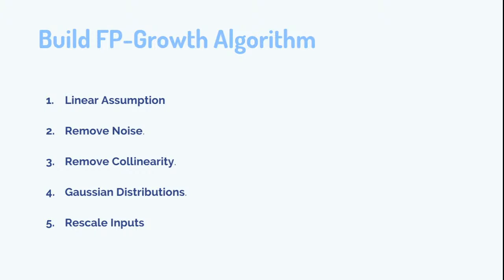Then remove collinearity. Remove collinearity is nothing but we need to fit our data set properly. If you train the algorithm using your data set, that algorithm should learn correctly. It should not be overfit, it should not be underfit. Overfit is when the linear line goes exactly over the data.